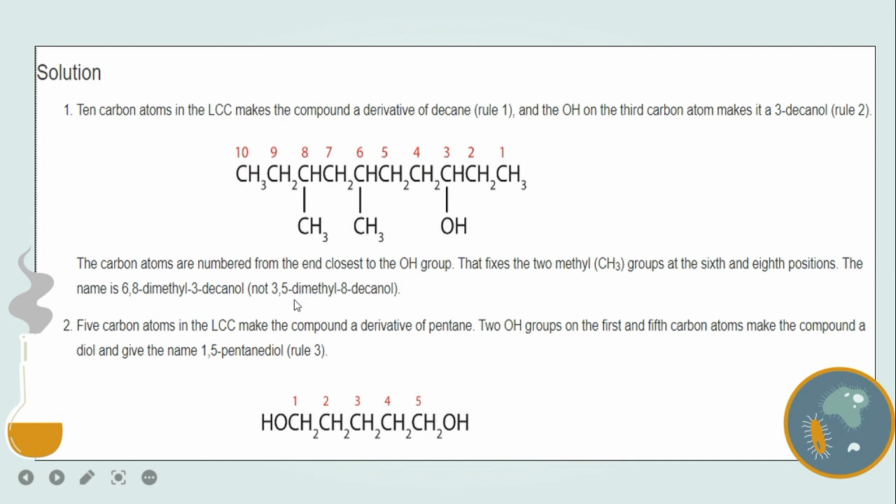So it should not be 3,5-dimethyl-8-decanol. It should be 6,8-dimethyl-3-decanol.